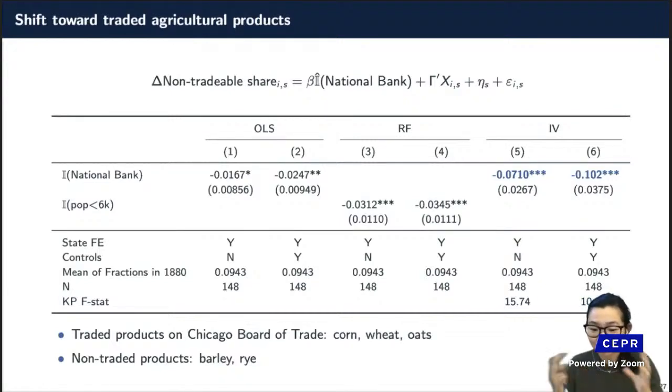This is a section of the paper where we're adding a lot of robustness and looking for different indicators of what should be considered a traded product versus a non-traded product, looking at the production capacity in different places and whether a product is very rare and therefore much more likely to be traded versus less rare. And so what we have right now is a pretty consistent picture that if we were to think about the share of traded products, it grows in places that gained a national bank.